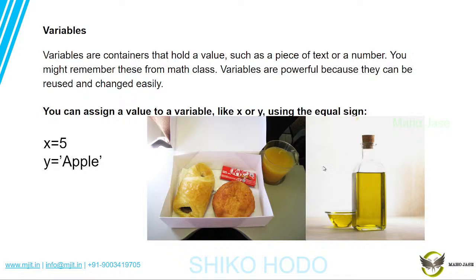To store orange juice, apple juice or any kind of juice, we use a jar or a bottle so that we can preserve it and use it later. In the same way, to store the five and apple, we use x and y as a container or jar so that we can use them now and later.